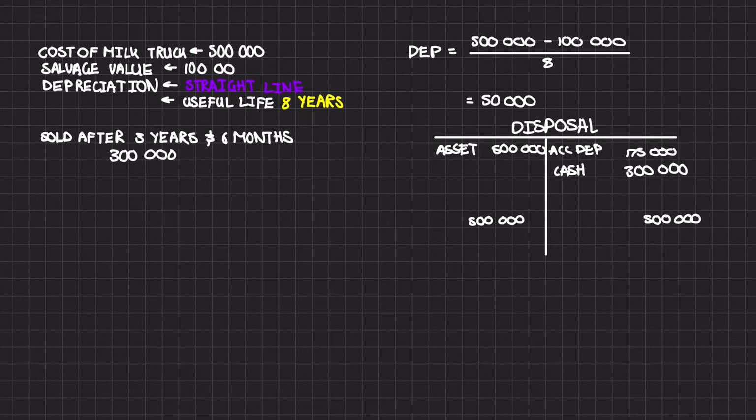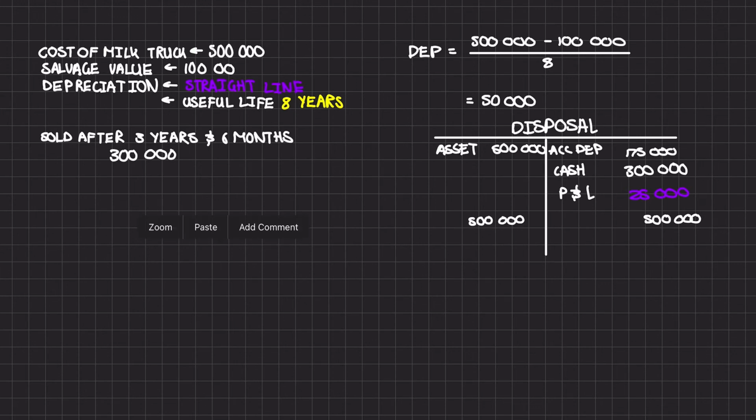And then there is going to be a difference, right? Because the total on the left-hand side is 500,000, but the total on the right-hand side is 475,000, right? Which we then say 500,000 minus that, and you get your difference, which is 25,000. And this goes to your profit and loss statement, okay?